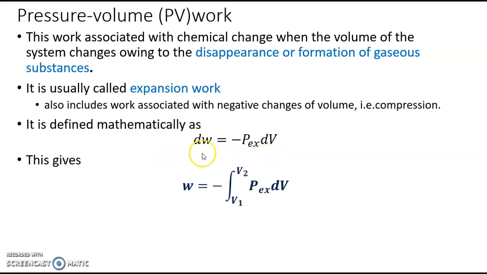If we integrate this equation, W equals minus the integral from the initial volume V1 to the final volume of P external dV. Depending on how P varies with V, whether it's a reversible or irreversible process, that determines the exact form of the equation.